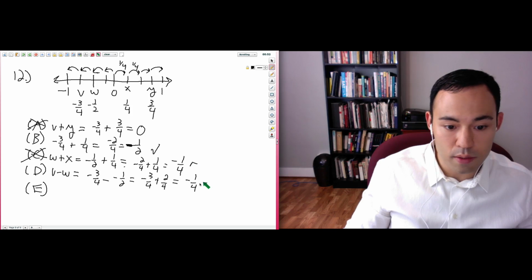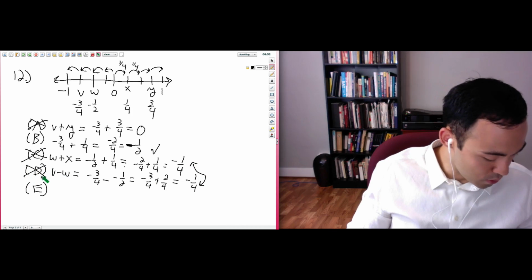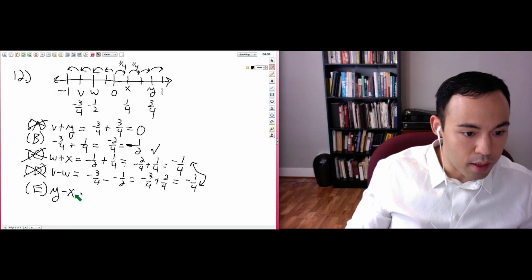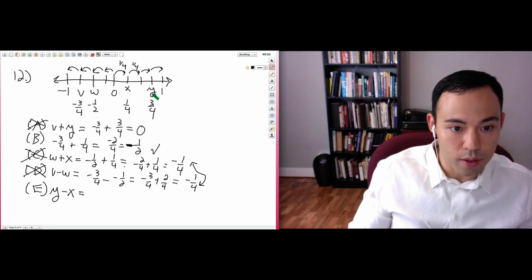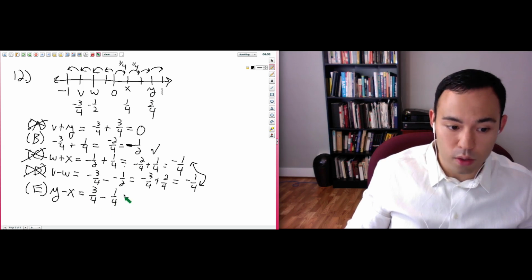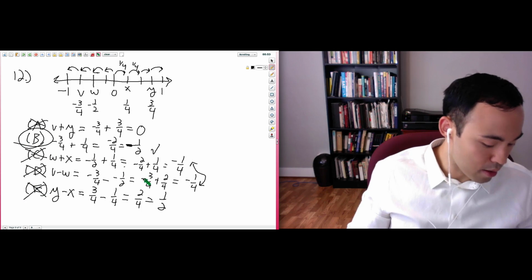That's the same as C, and so we can go ahead and eliminate that answer choice. Then we've got Y minus X, which is, looking up at our approximations here, 3/4 minus 1/4. The denominators already look alike, so this is equal to 2/4 or half, a +1/2. And so that answer choice is eliminated, and we're left with answer choice B, as in boy, for 12.